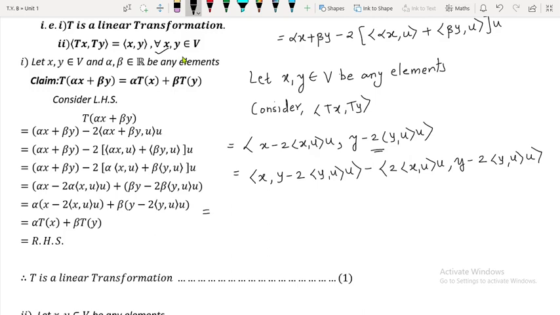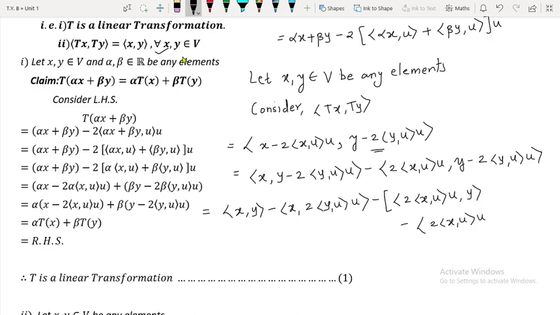Which is further equal to inner product of x with y minus inner product of x with twice inner product of y with u, this is u, minus, now you should be careful due to this minus sign, so I will put a bracket: inner product of twice inner product of x with u, comma y, then the minus sign appears, then inner product of twice inner product of x with u, outside it is u, comma twice inner product of y with u, and outside it is u.